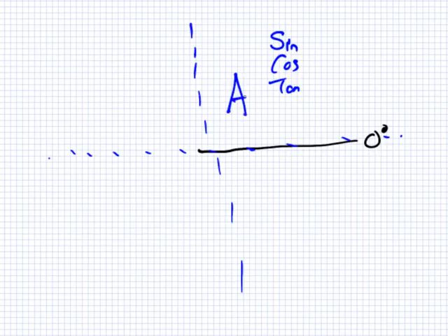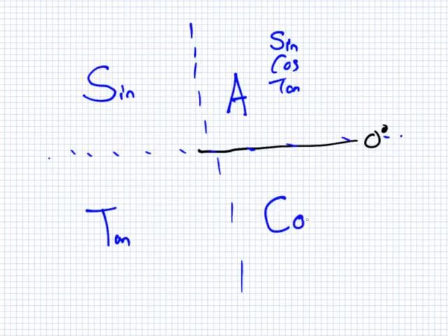So all of them are positive in the first quarter, until 90. In the second quarter, for example 110 degrees, only the sine is positive, but cos and tan will be negative. In the third quadrant, only the tan is positive, and the sine and the cos of angles in the third quadrant are negative. And finally, in the fourth quadrant, only the cos is positive, and all others are negative.